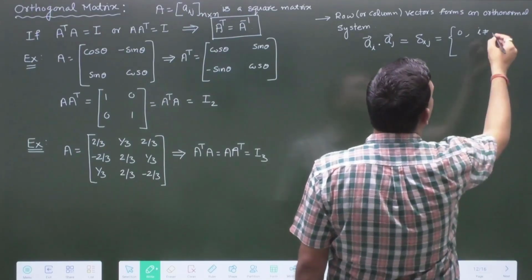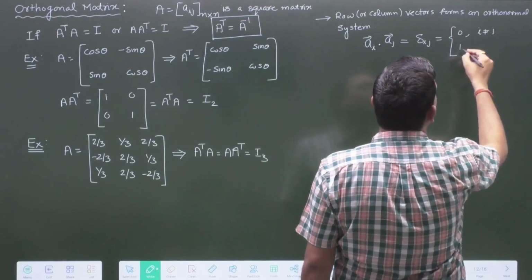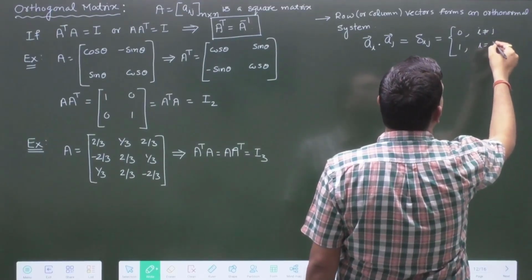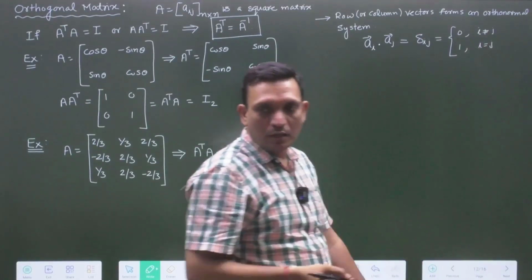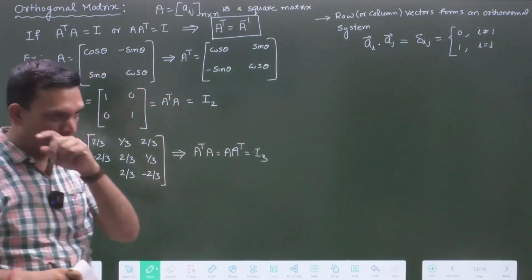That you can verify. It means that their row and column vectors also satisfy this condition.